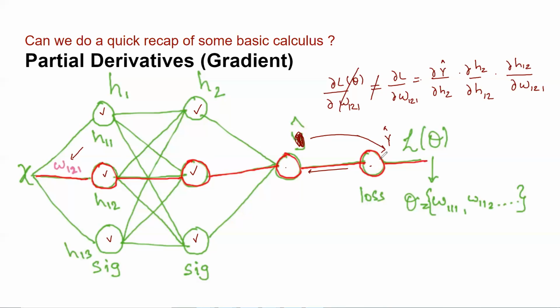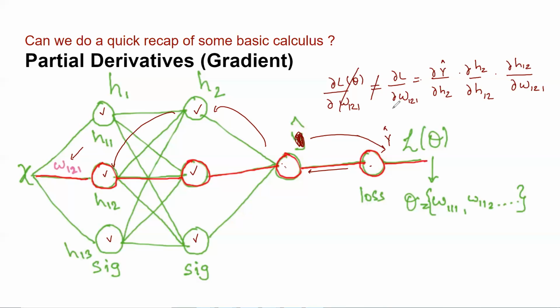So if I want to compute my derivative of loss with respect to this particular neuron, I need to traverse backward. I cannot directly compute the derivative of loss with respect to this neuron. I have to travel back through these two neurons. So I'm going from this point to this point, this point to this point, and this point to this point in order to reach this weight.